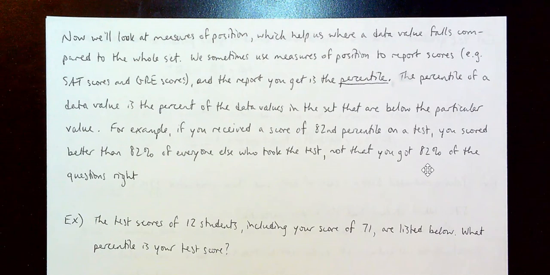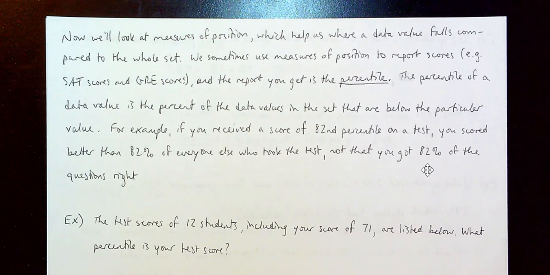You could have actually gotten only, say, 40% of all the problems right, and you could have actually only gotten 40% of all of the points, but if everybody else did not as good or worse, then your percentile is going to be higher.